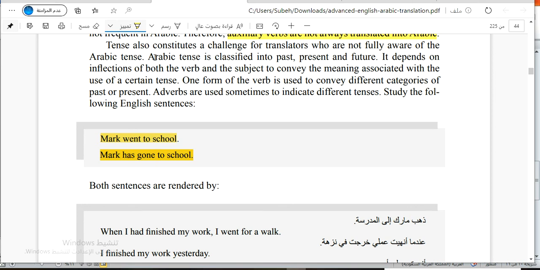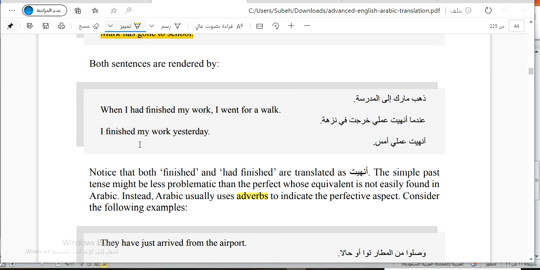Since Arabic tense is classified into past, present, future. But in English you can find, for example, past perfect, past simple, present perfect, and also present simple. For example, when I had finished my work, here the tense is past perfect, I went for a walk.